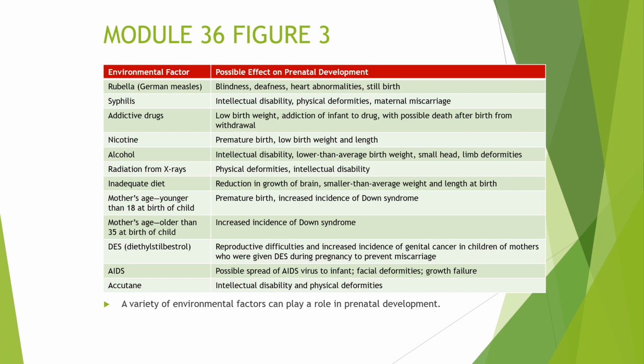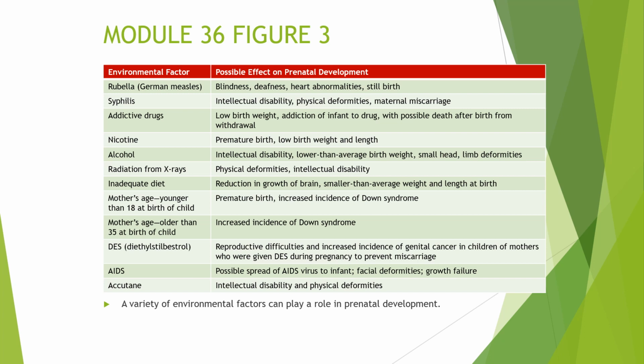If the mother has syphilis, intellectual disabilities, physical deformities, and maternal miscarriage. If the mother is on addictive drugs, that can lead to a low birth weight. The infant could be born addicted to the drug also. And that then could lead to a possible death after the infant is born because of going through withdrawal symptoms.